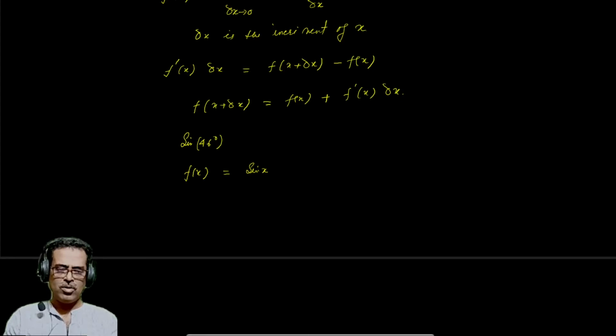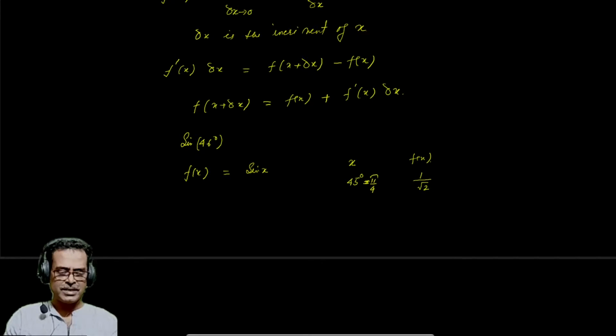And f(x) is equal to, when x is equal to 45 degree, that is pi by 4, f(x) is equal to 1 by root 2. So we know this value.